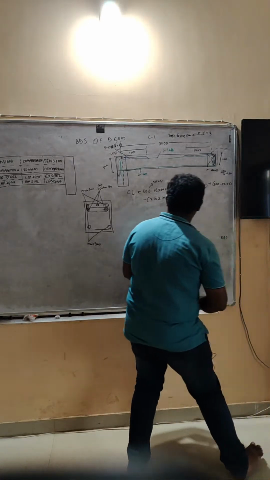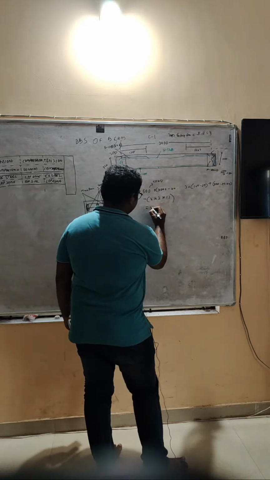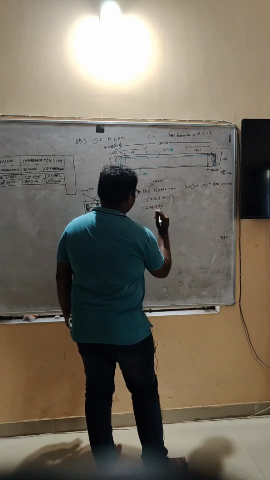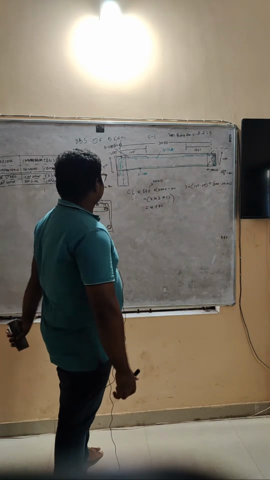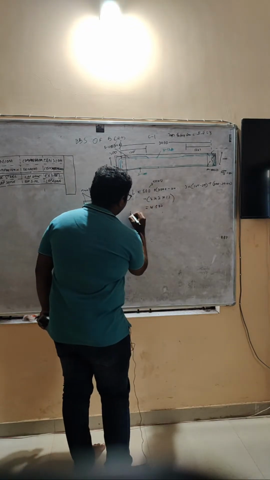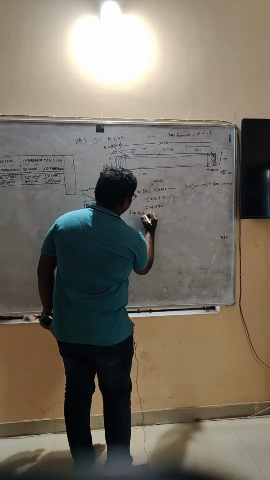So 4.577 is our cutting length. Now we'll proceed to calculate the top extras here. This will be the same as before.